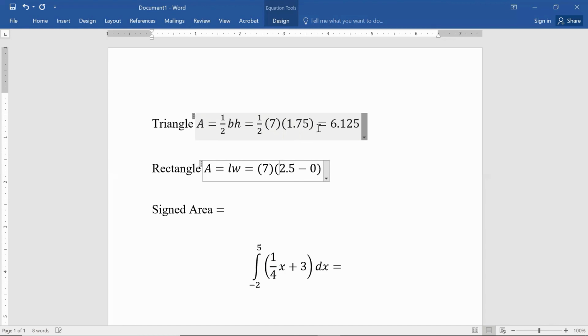I'm saying length is left to right on our x-axis, and width of 2.5, I'm saying that's the change in y values. 7 multiplied times 2.5 becomes 17.5. Again, rectangle area is length times width. Triangle area is 1/2 base times height.